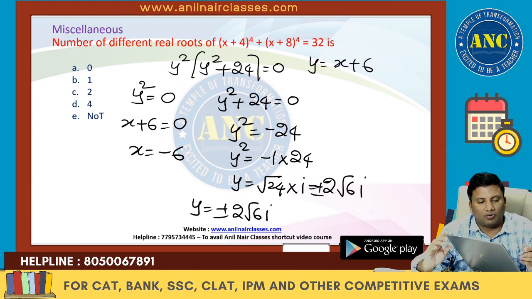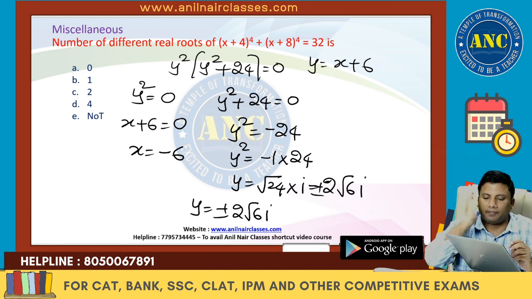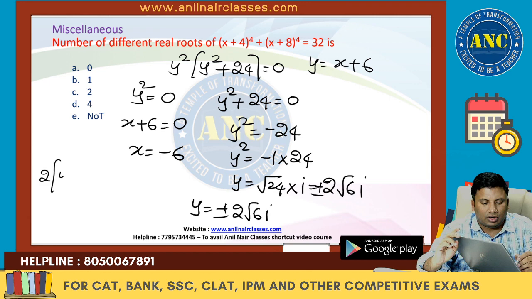And another value that we got, if I take y common, that is nothing but... I hope it is clear, right? So what is the y common that we got? 2 into y power 4 we got plus 24 y square we got plus how much we got?